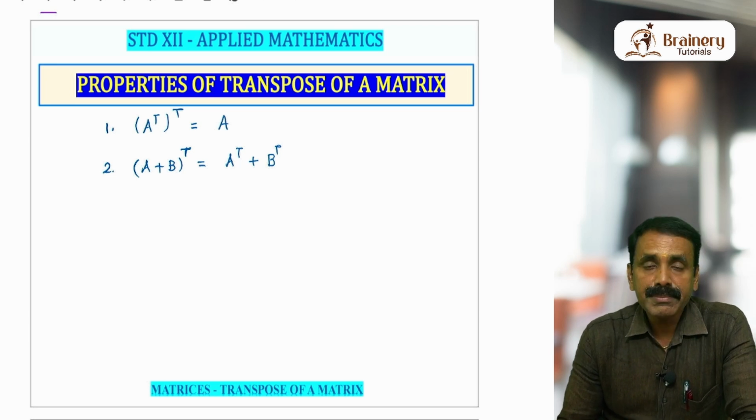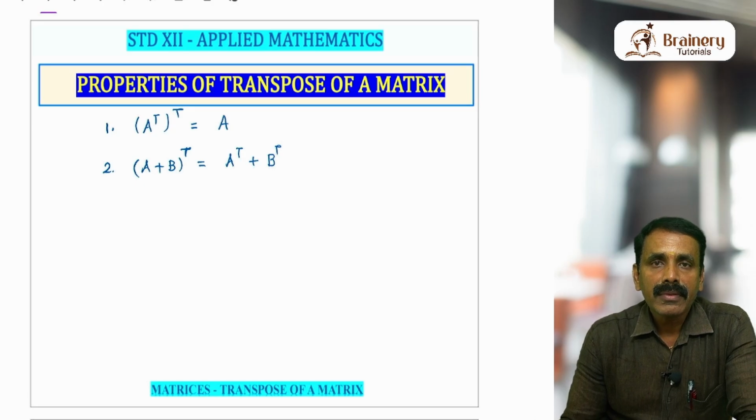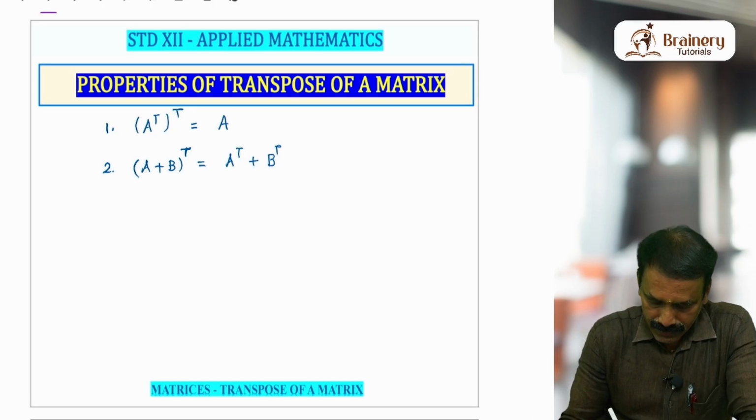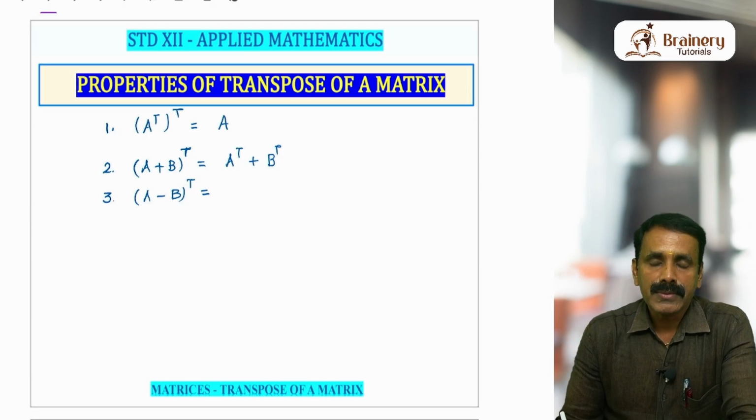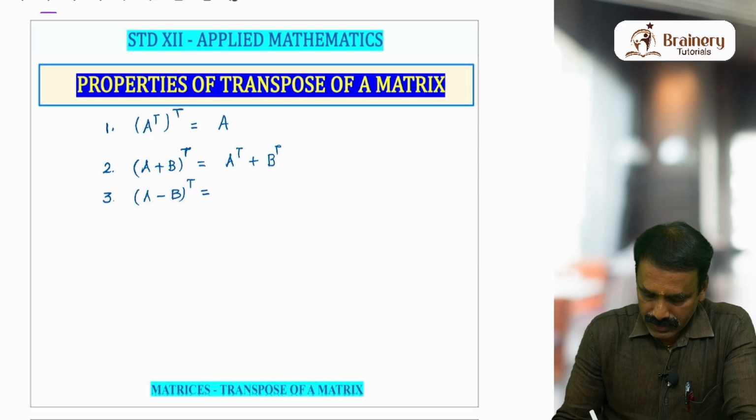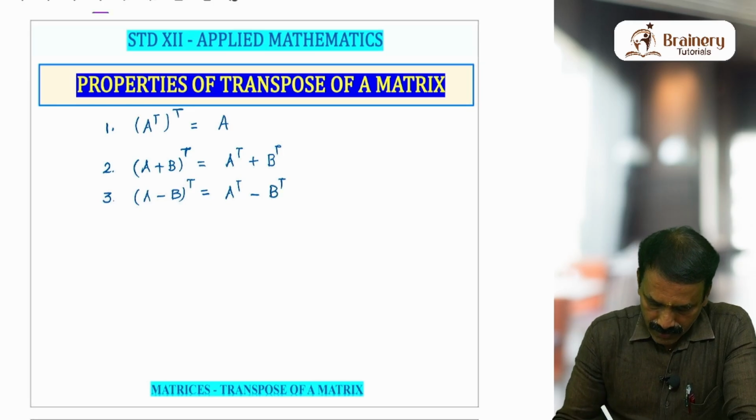So A plus B whole transpose is equal to A transpose plus B transpose. Third one, A minus B whole transpose will be equal to A transpose minus B transpose.